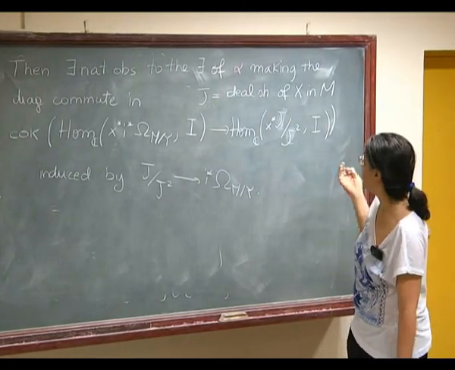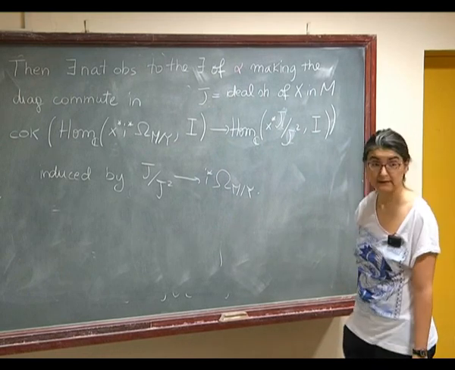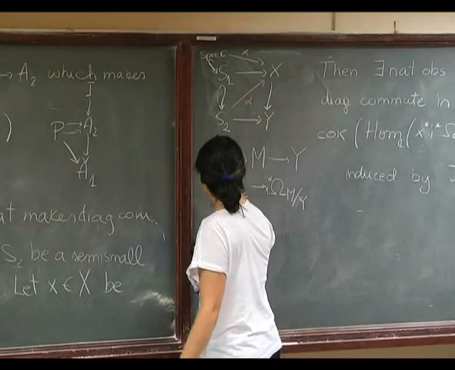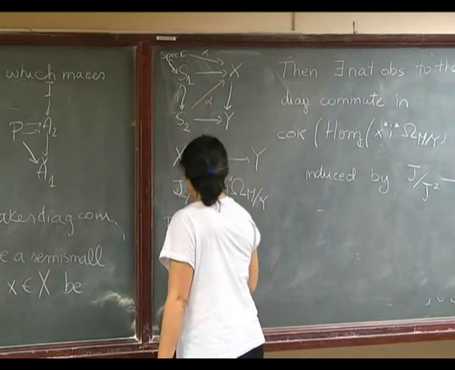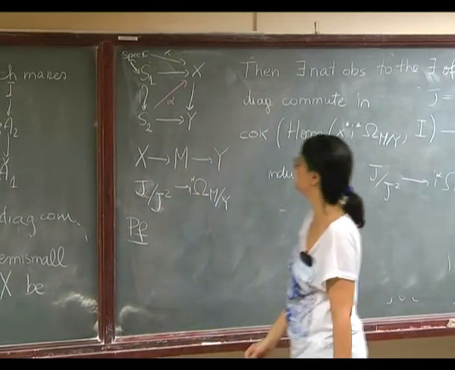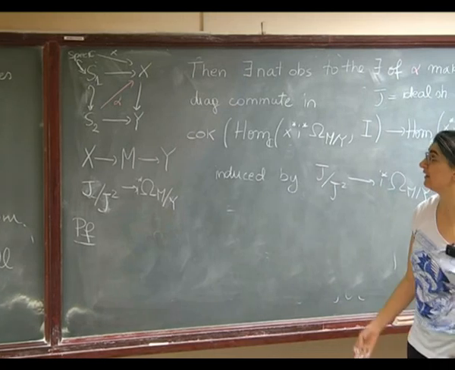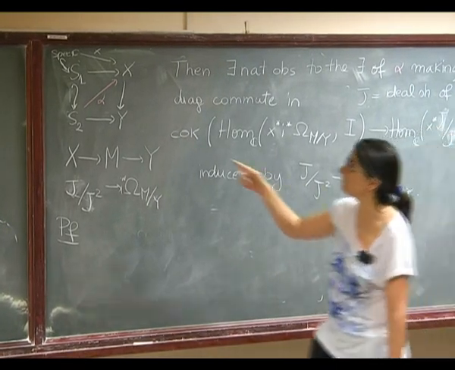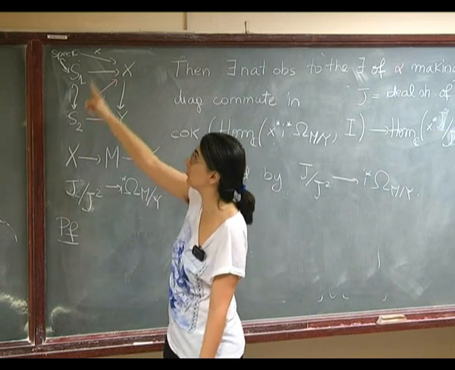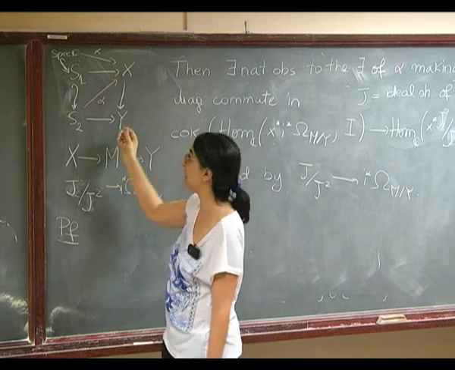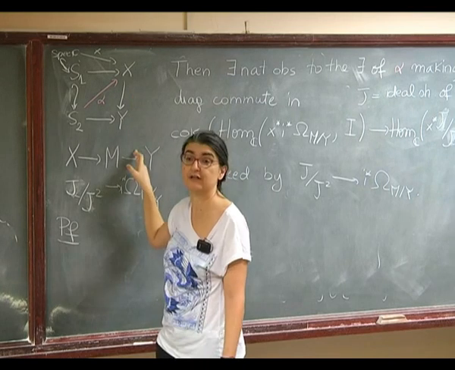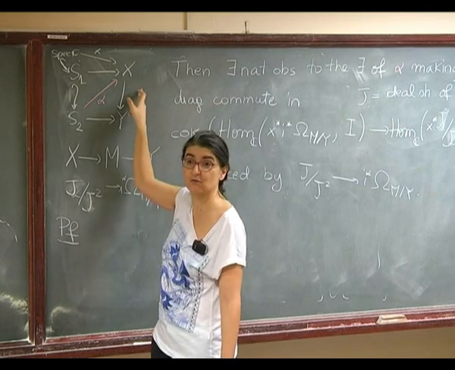Okay, so let me try and write a proof. The first step is to notice that in this discussion, none of this will change the problem if I replace either Y with an open neighborhood of the image of the point or X with an open neighborhood.